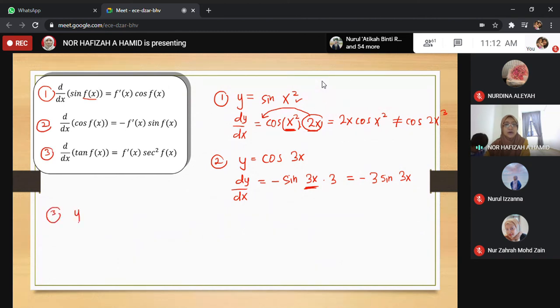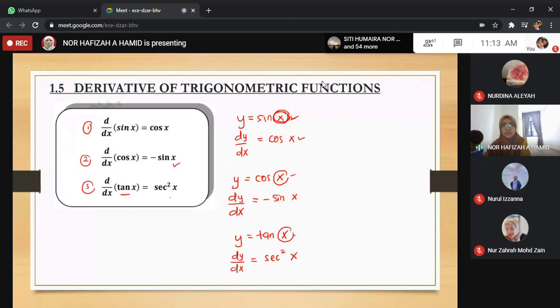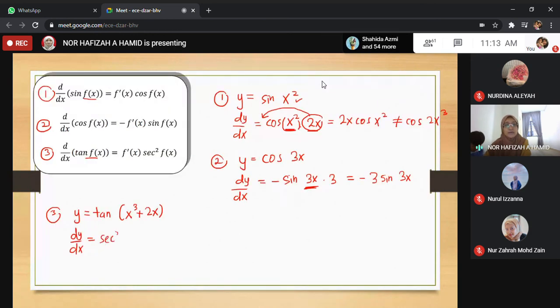So you have y equal to, this one is for tangent f(x). For example, the function I take is x cube plus 2x. So dy over dx, differentiate tangent. If you refer to the basic formula, you have secant square. The angle you copy, x cube plus 2x, and you differentiate inside the bracket, you have 3x square plus 2.